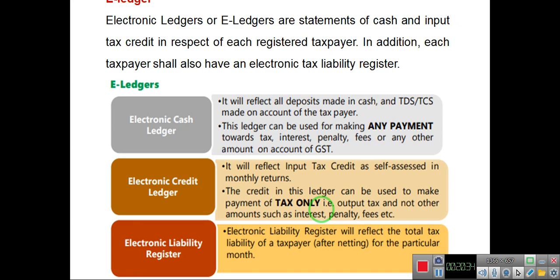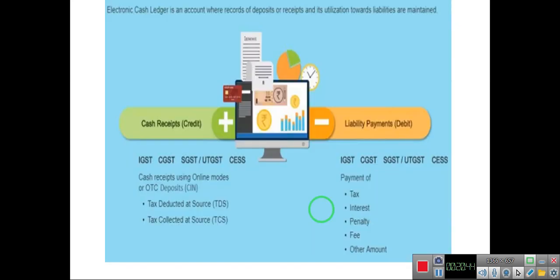This ledger is used for any type of payment, either tax, interest, penalty, fees, or any amount on account of GST. The electronic cash ledger is like a ledger where the left hand side is your credit side, right hand side is your debit side. All receipts are recorded on the left hand side or the credit side. All liabilities or the payments are recorded on the debit side.